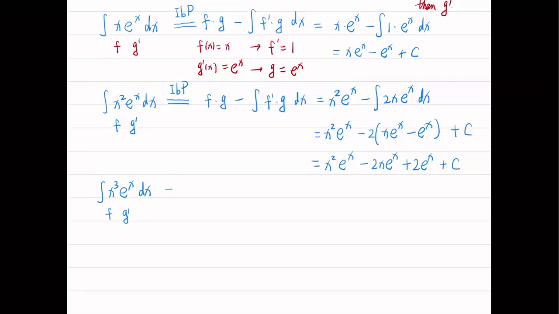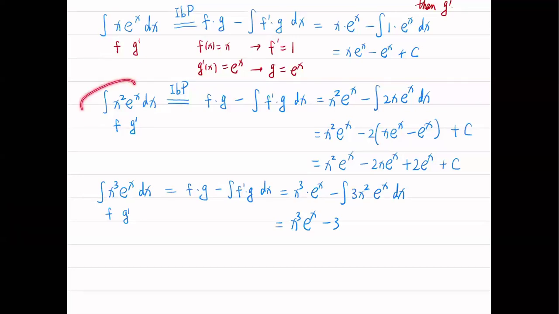Okay, so this time, again, I will copy the formula. F is x cubed, g is e to the x, derivative 3x squared. So x cubed e to the x minus 3. Again, we check what we have accomplished in the previous step.